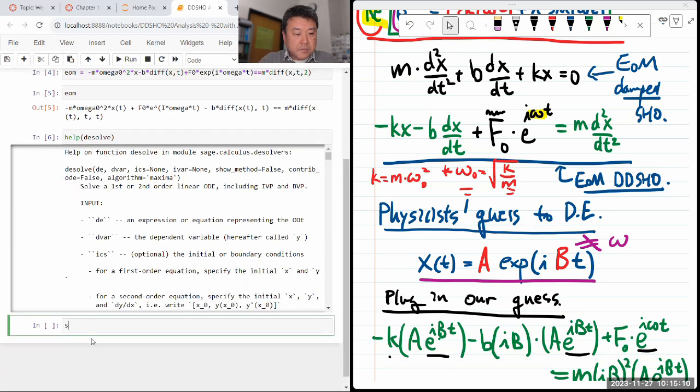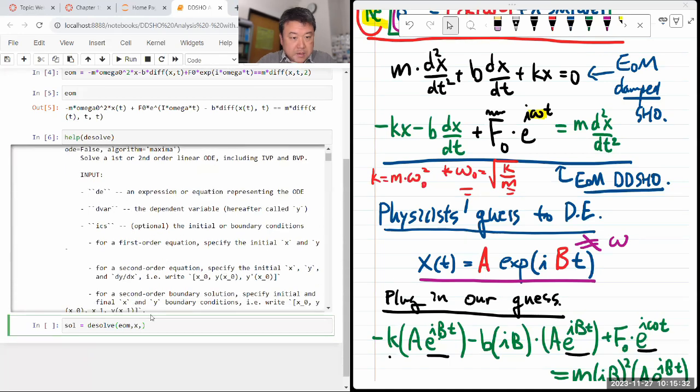So my solution will be dsolve, differential equation, that's my equation of motion, dependent variable, that's x. Initial conditions, I think I do want to specify them. So for the second order equation, I'm specifying initial x. Let's say it's starting at 0 position. Initial x at t equals 0 is 0 position.